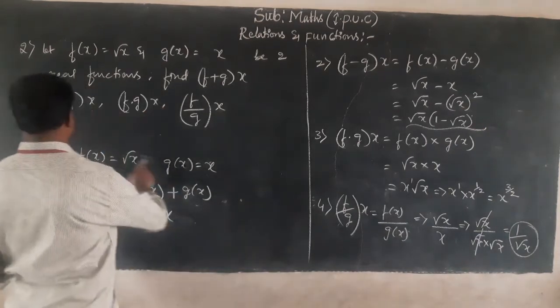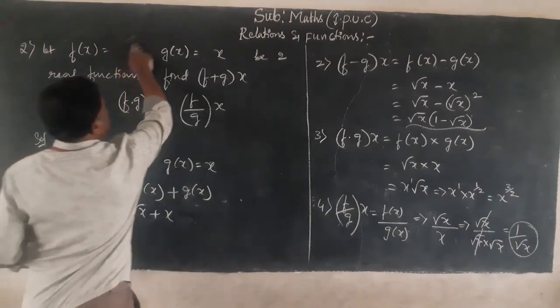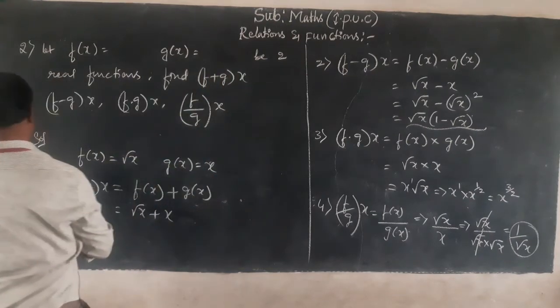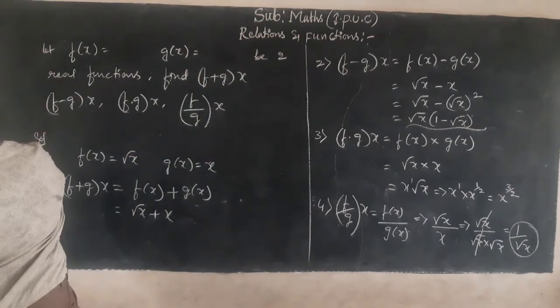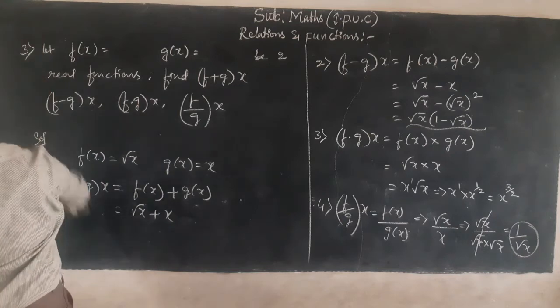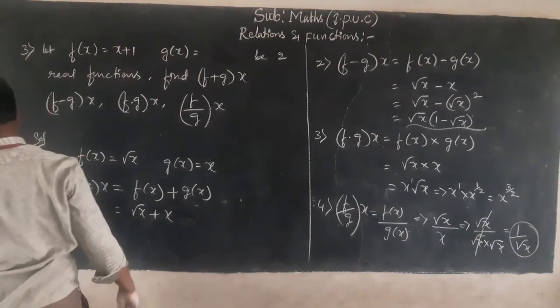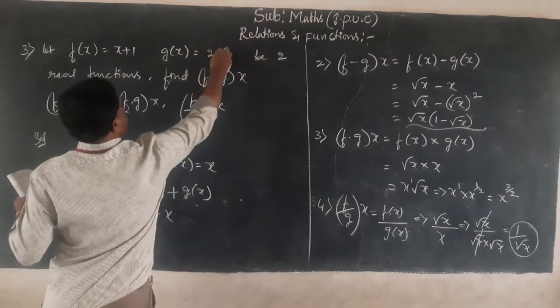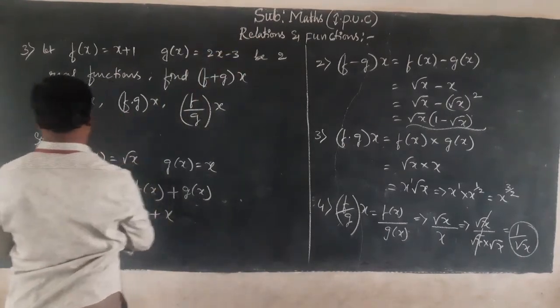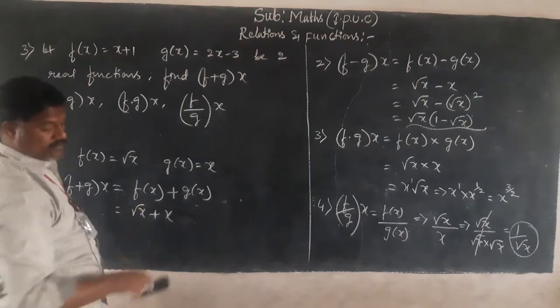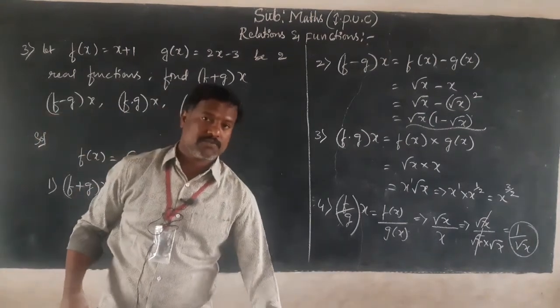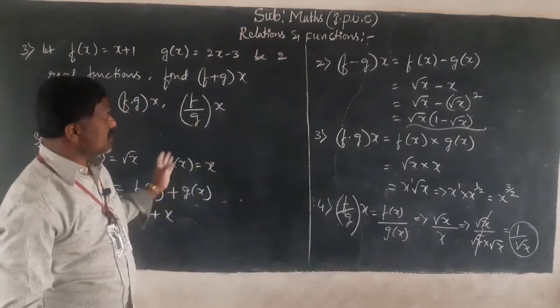Children, let us take the last problem in this chapter, that is the third problem, f of x is x plus 1, g of x is 2x minus 3. I think you can do it yourself. Understand, children?